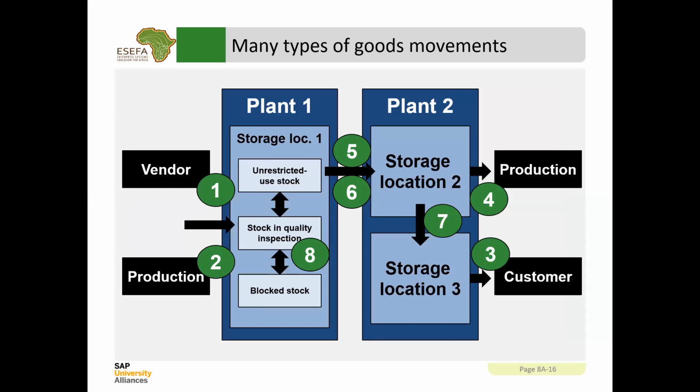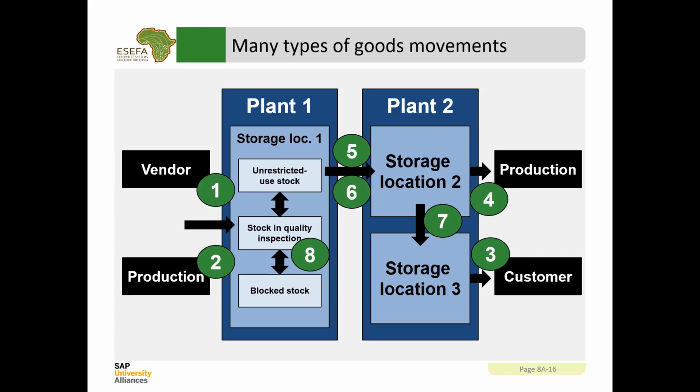Also, blocked stock can be transferred into stock in quality inspection. For example, the product that we thought was bad, we have worked on it, we have repaired it a bit, so it can be moved to quality. From quality check, it can be moved to unrestricted stock. So within a storage location, there can be movement of goods.